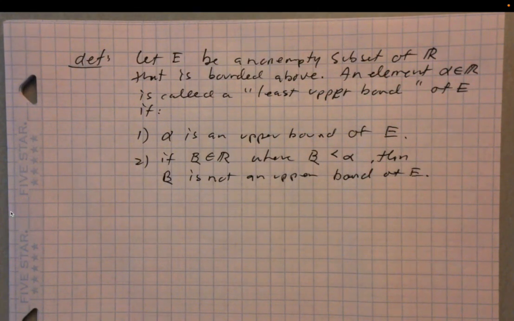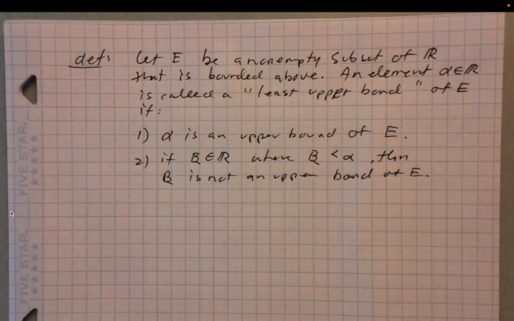So what is a least upper bound? Well, if we let E be a non-empty subset of R that is bounded above, an element alpha of R is called a least upper bound of E if alpha is an upper bound.